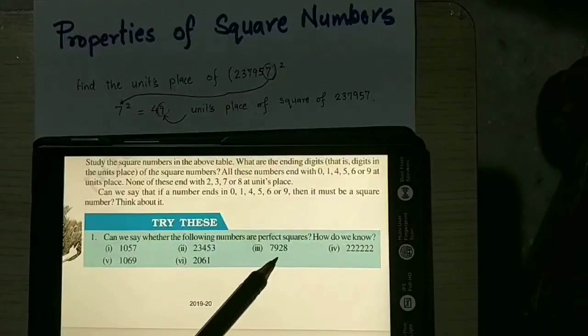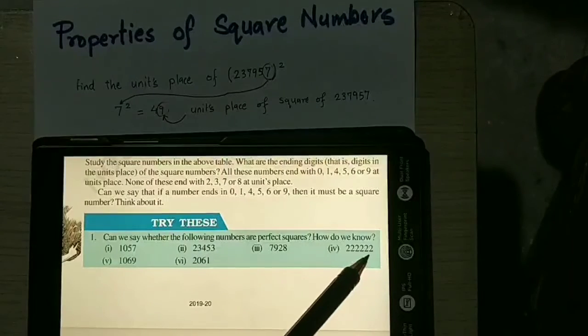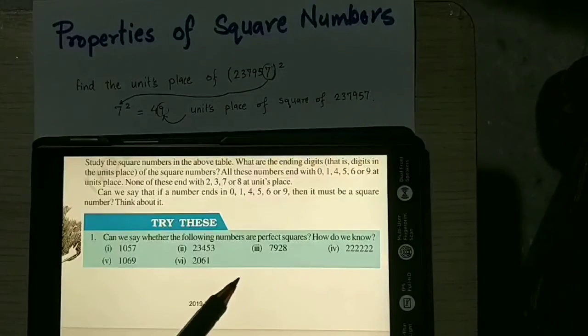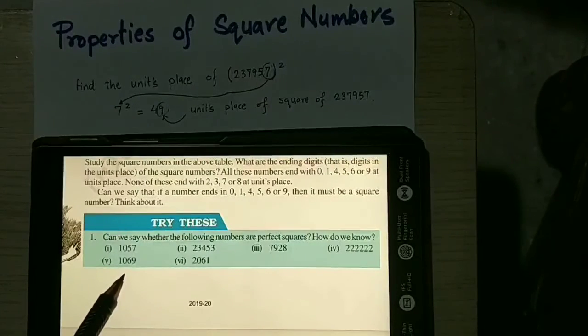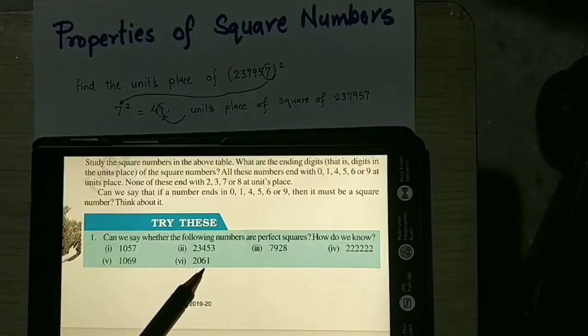Here 8 is the units place of this number, so it can't be a perfect square. Here 2 is the unit place of this number, it also cannot be a perfect square. Here the units place is 9, that may be a perfect square. And again, here is 1 at the units place, so this number also can be a perfect square.